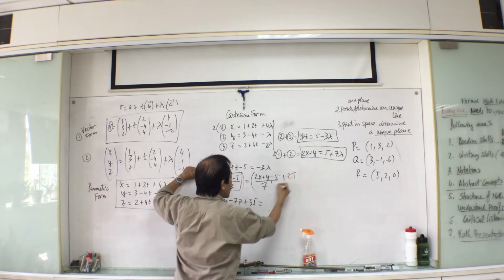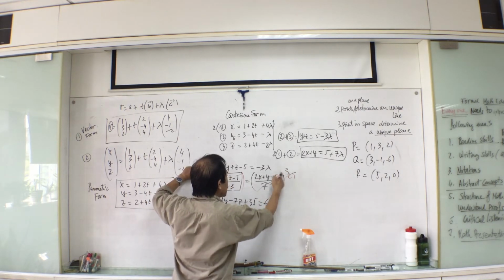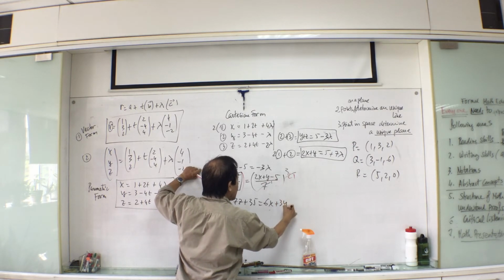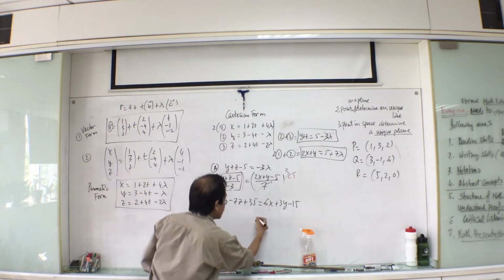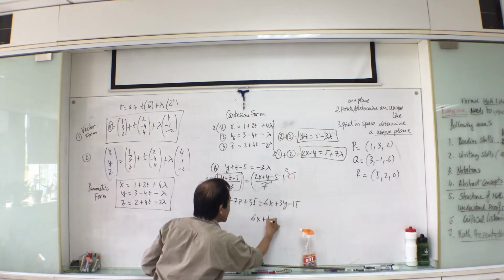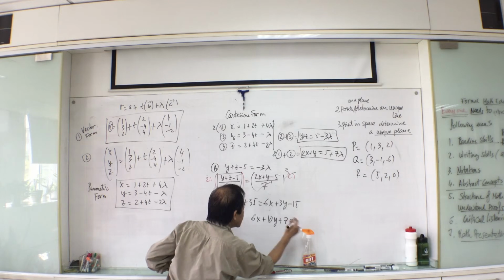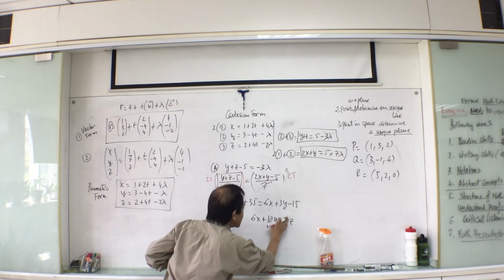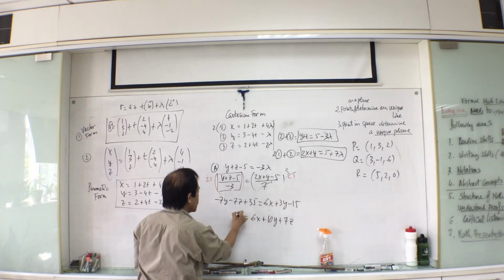To the right side, 21 divided by 7 equal 3. 3 times 2x equals 6x. 3 times y equal 3y. 3 times minus 5 equal minus 15. Finally, I put x on one side, so I have 6x plus 10y plus 7z equal 50.